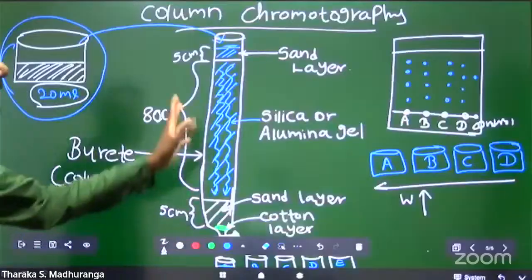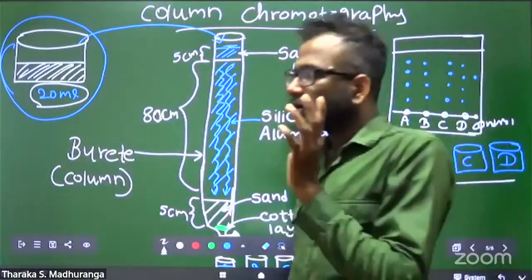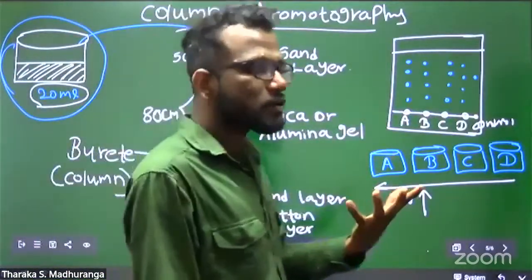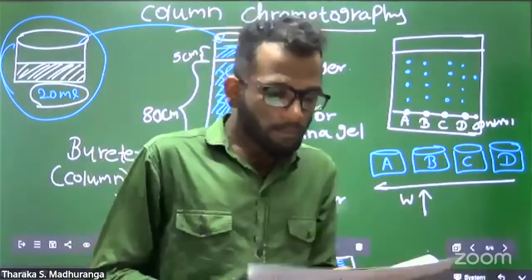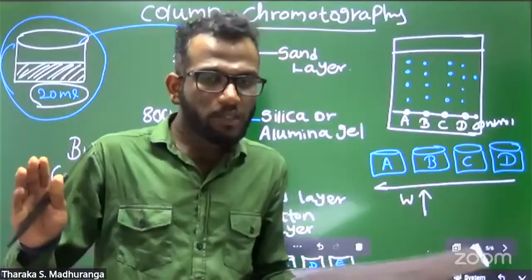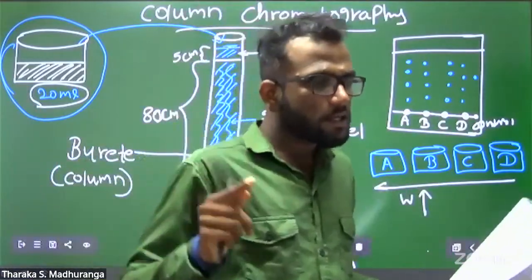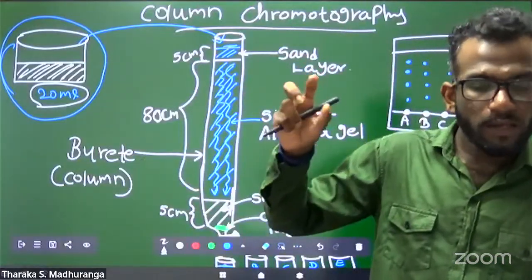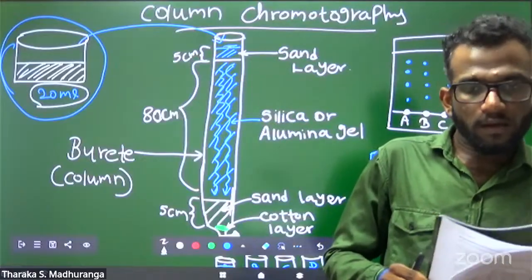Okay, now after the separation process in the column chromatography, you can identify the compounds using thin layer chromatography. If you can't use thin layer chromatography, paper chromatography is also good to identify. Whatever method, after separating, you have to identify. Why do we use column chromatography when the impurity level is very high in the crude product?